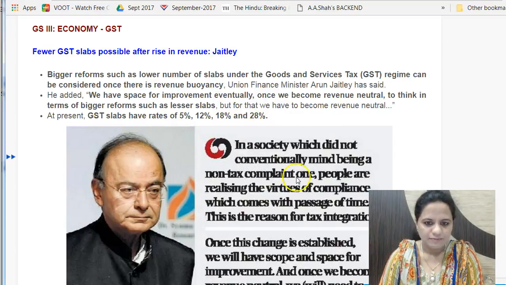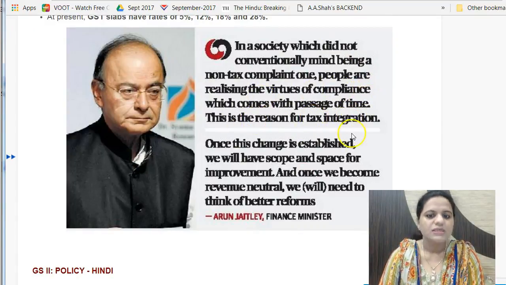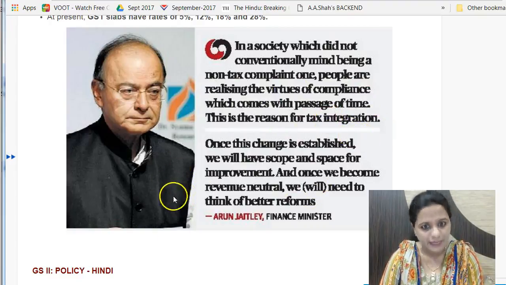He also says that in a society which did not conventionally mind being non-tax compliant, people are realizing the virtues of compliance which comes with the passage of time. So this is the reason for tax integration. Taxation reforms and bringing in tax compliance is what the government is trying to achieve.